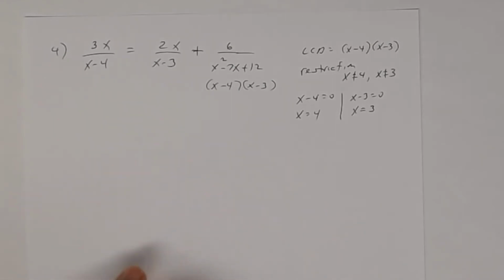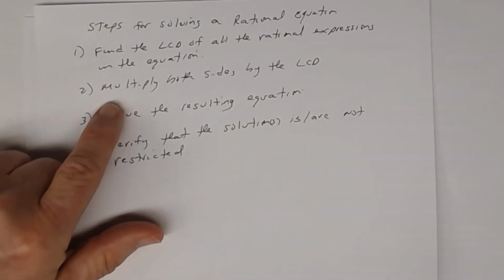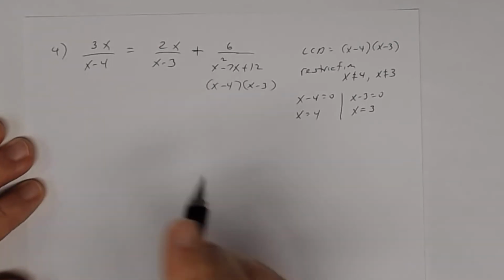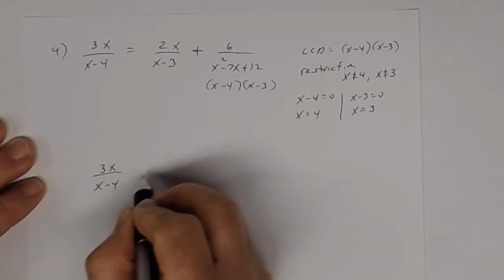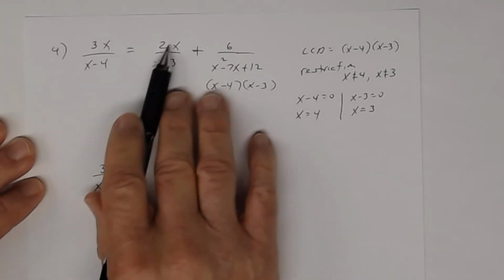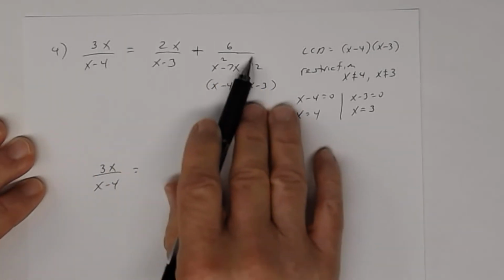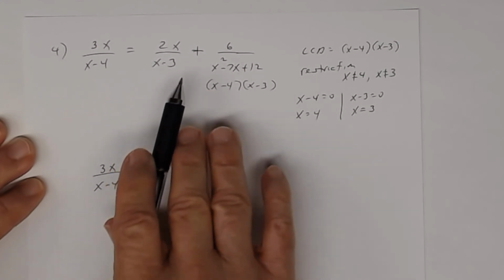Okay, so now we're going to go to our next step, step 2, which is to multiply both sides by the least common denominator. So we go ahead and rewrite this over. So I have 3x over x minus 4 equal, and remember this is the one that contains 2 rational expressions on one side.